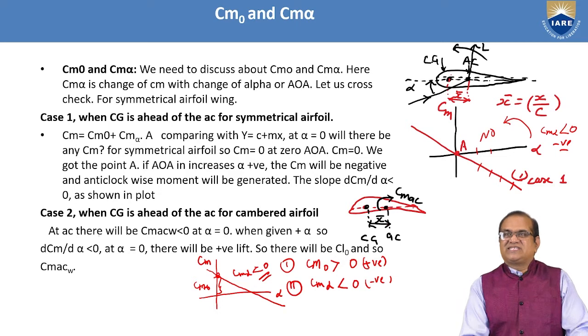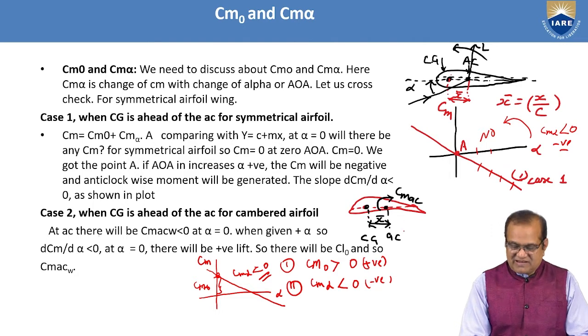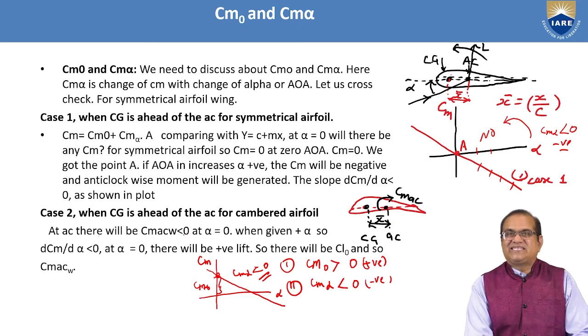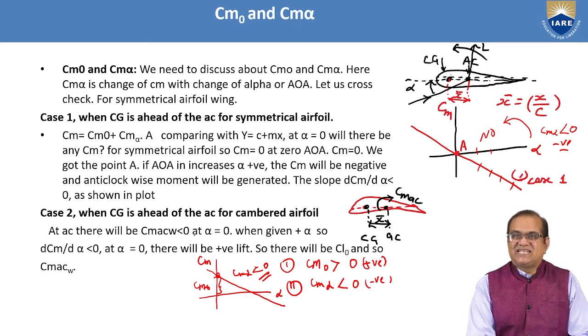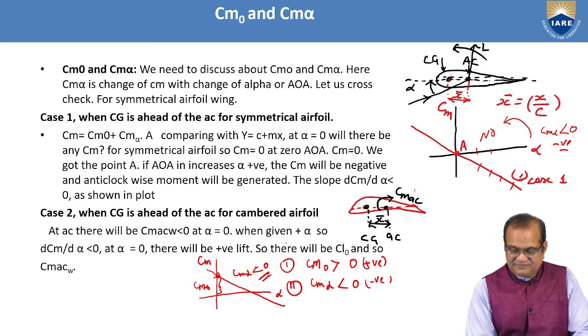Next case, for the cambered airfoil, when the CG is ahead of the AC. For the cambered airfoil, at the AC, the CMACW is less than 0 at alpha is equal to 0. Means at alpha is equal to 0 also, due to the camber effect, there will be a coefficient of moment due to the aerodynamic center.